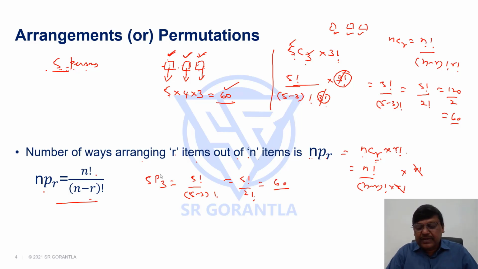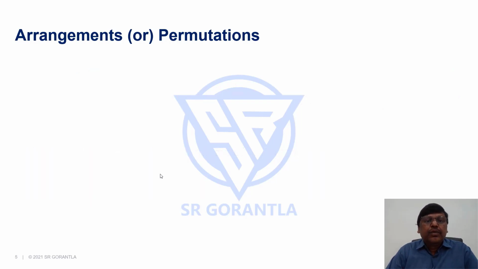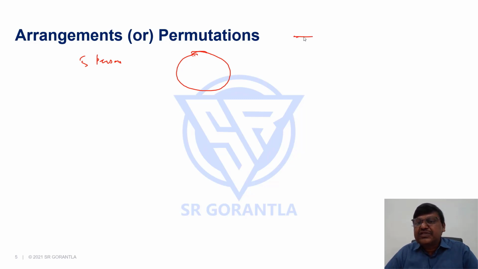Right? Okay. Next. What if 5 persons have to be arranged around a circular table? If I have to arrange them around a table in a circular arrangement, how many ways can we arrange these 5 persons? Students, here there is no end. If it is a row, who is sitting on the left position and who is sitting on the right position will make a difference.